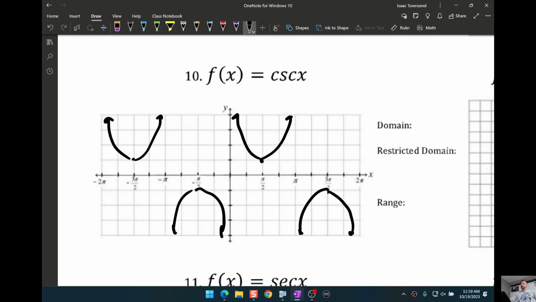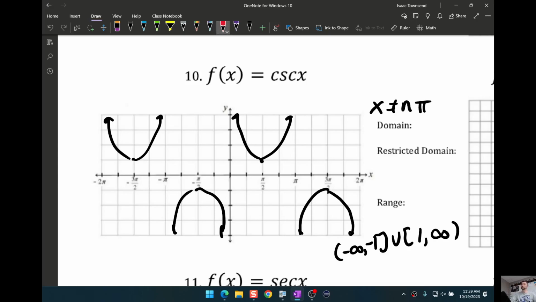We can quickly review that its domain was everywhere there was not an asymptote. Its range was negative infinity to negative 1, and then 1 to infinity. This is a function because it passes the vertical line test, but its inverse is not a function because it doesn't also pass the horizontal line test.